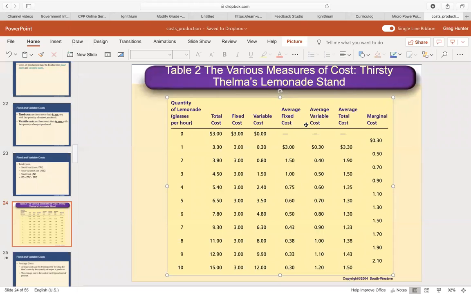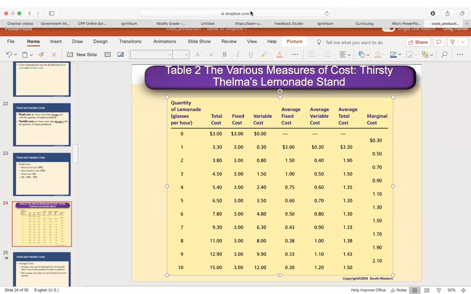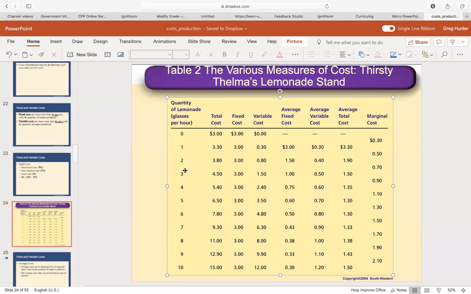Now, these last 4 columns all introduce new cost terms that again are important for considering the firm's management decisions. Remember, what we want to do is say, okay, if firms are trying to maximize their profits and therefore minimize their costs, then how is it that these firms will behave?